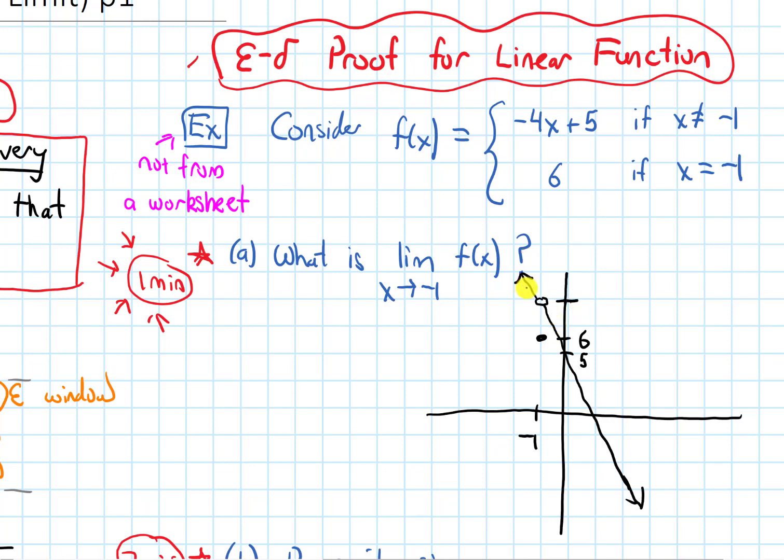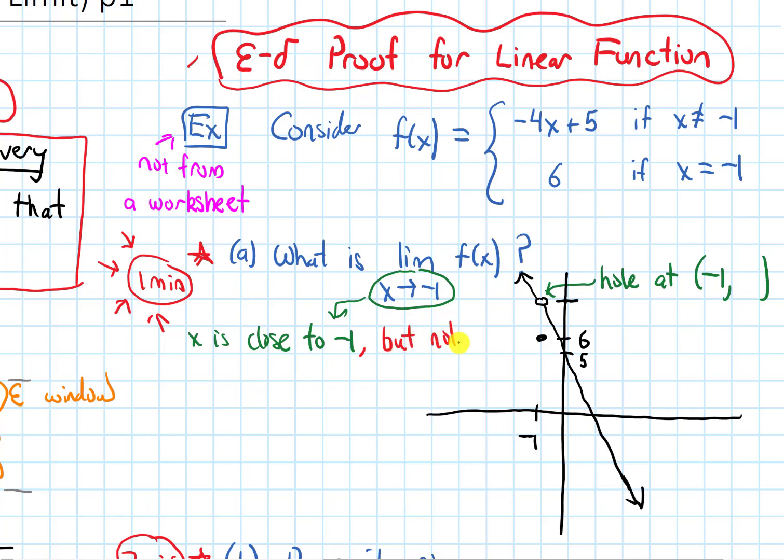So our graph has this sort of shape, and we want to know as x approaches -1, what is that limit? So that depends on, well, where is this hole? There's a hole at -1 comma something. And to figure out that something, I could do this limit. When it says x is approaching -1, that means x is close to -1, but when we talk about a limit, it's not allowed to be equal to -1.